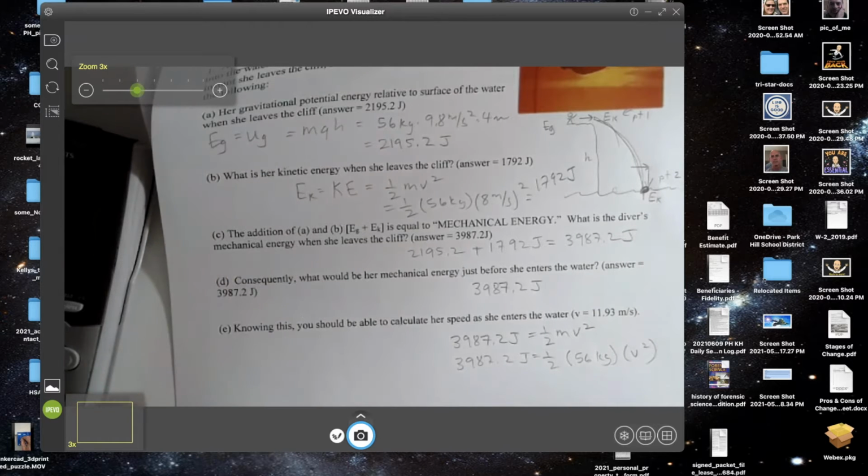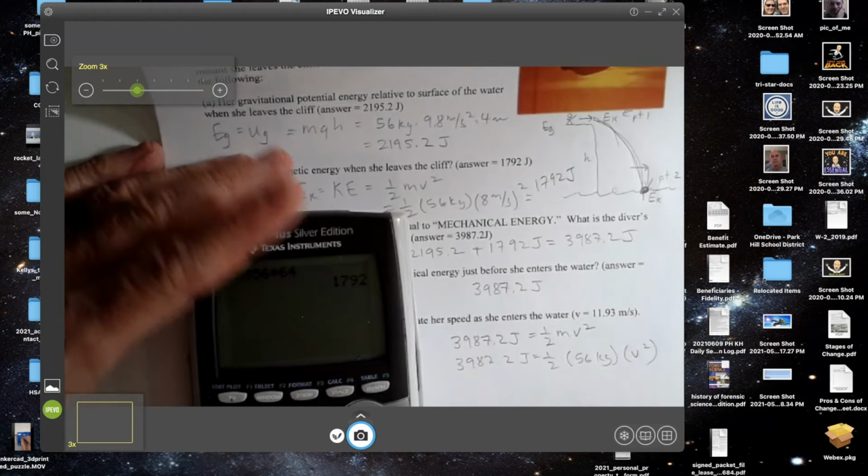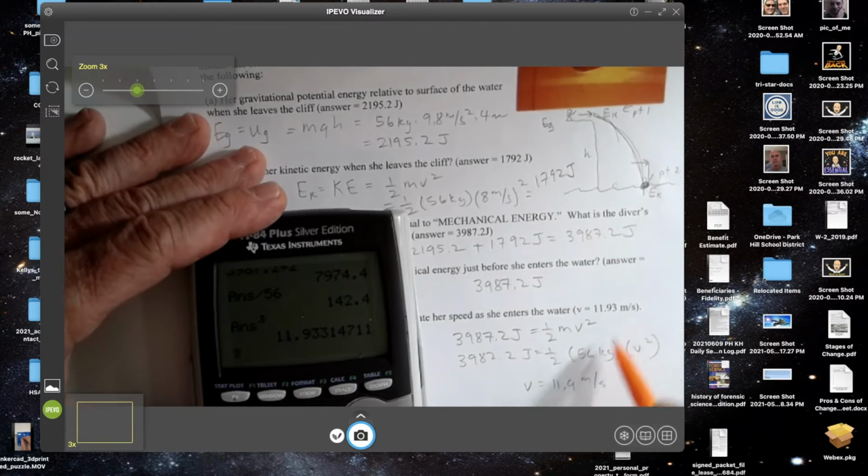Okay, so we would take her mechanical energy, 3987.2, multiply it by 2, divide by 56, and then take a square root. And I get around 11.9, that would be in meters per second, 11.93.